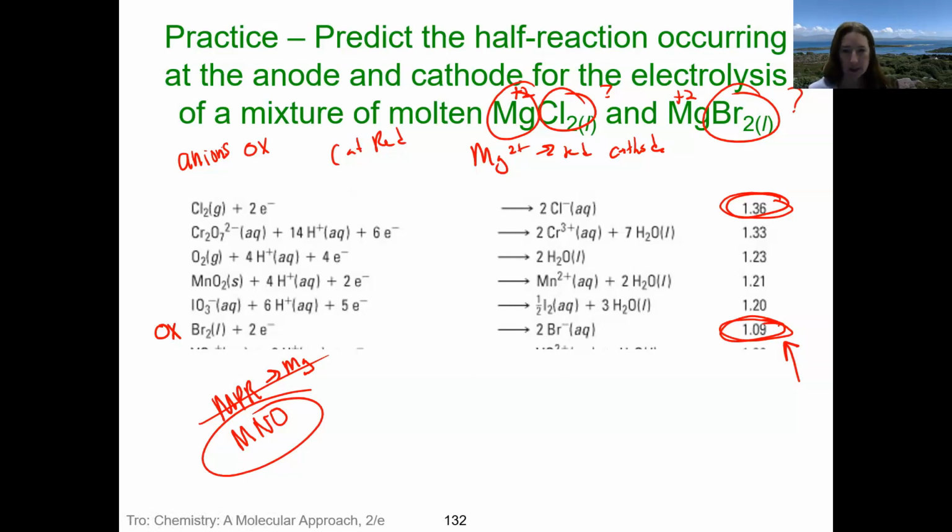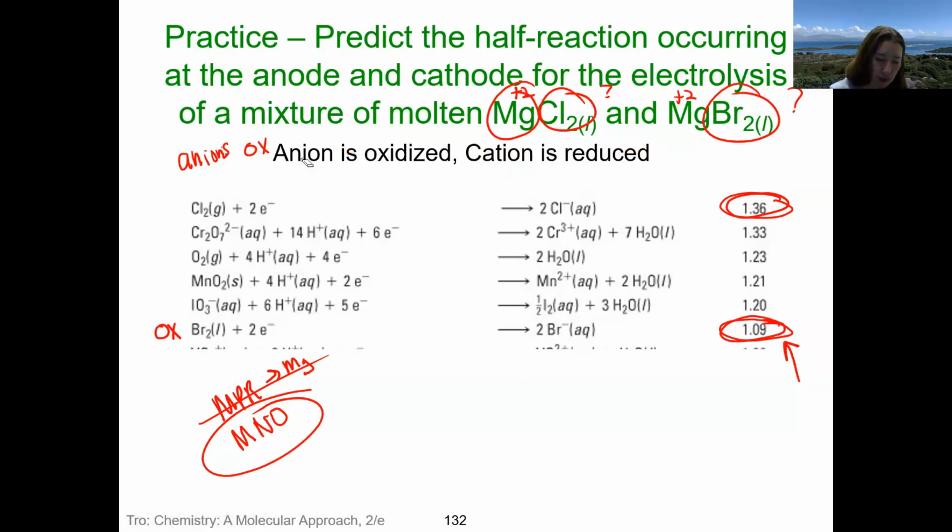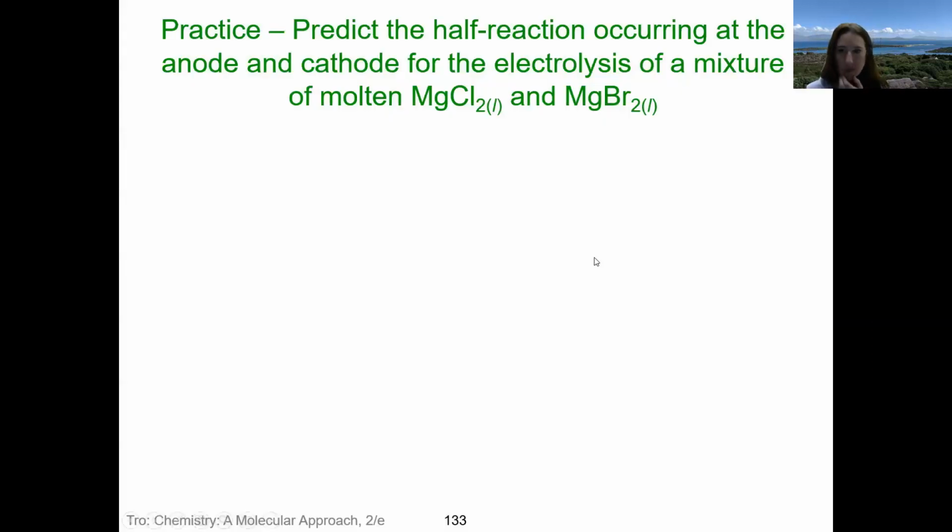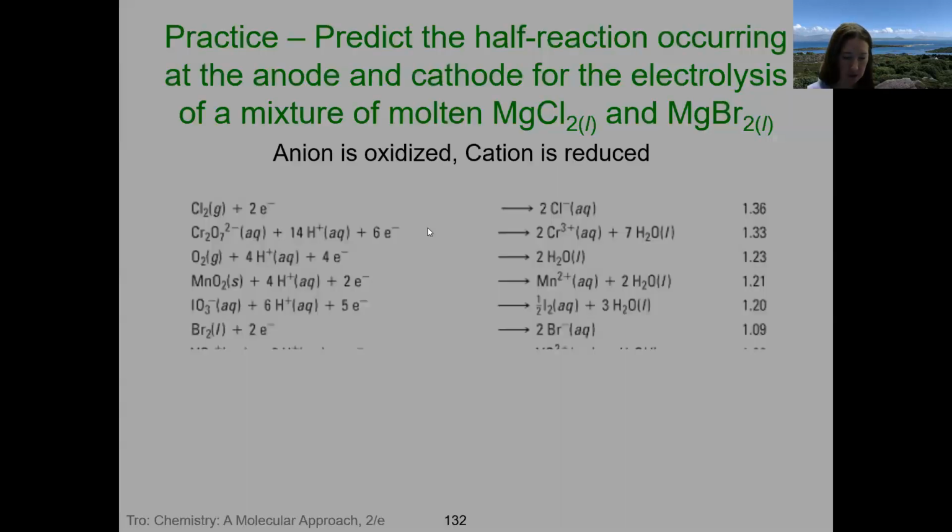All right, so let's look at this one. Oh, look, I have that written right there for you. So you can remember: anion oxidized, cation reduced. All right, so we're going to choose our bromine because it is our more negative one. And here, let me just go back here for a second.